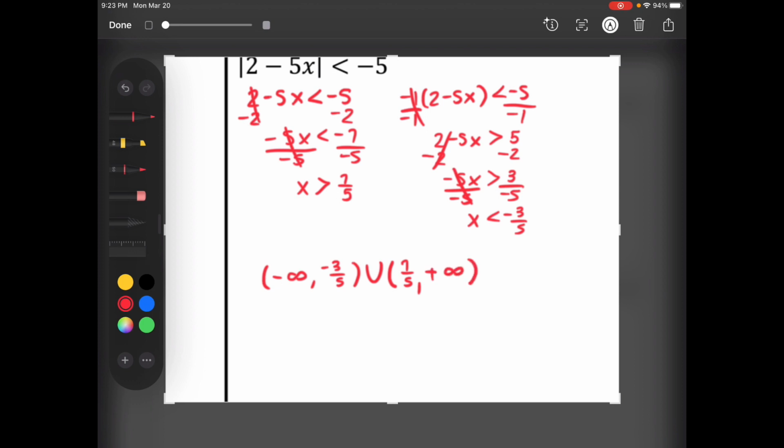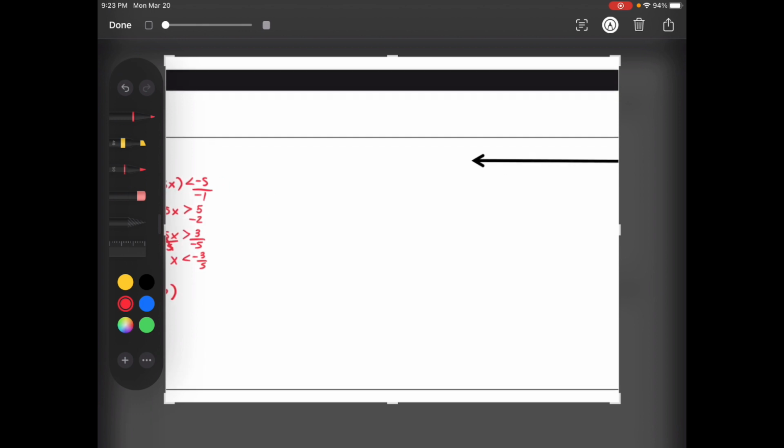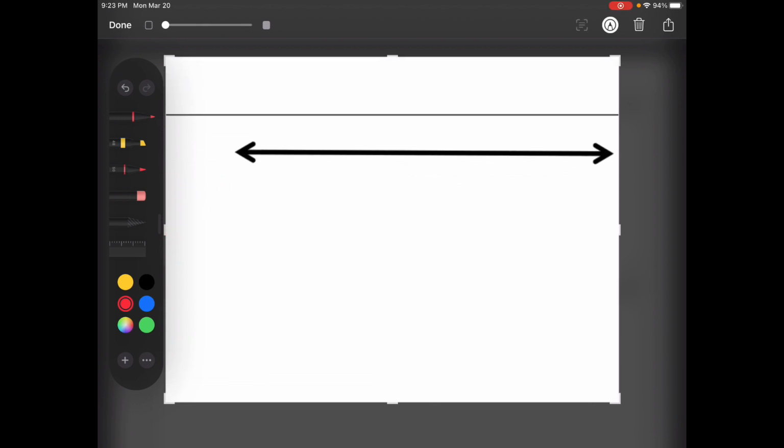And it's excluding the values in the middle. I'll check that one over because I'm not sure why it's not following the rules that it should be following. But we did it twice, so.